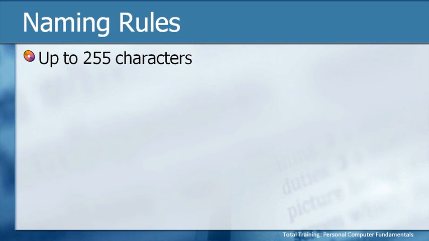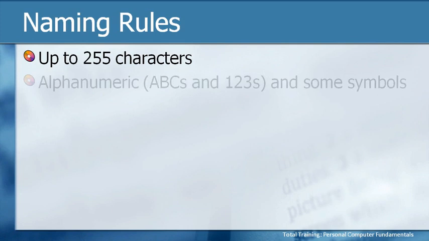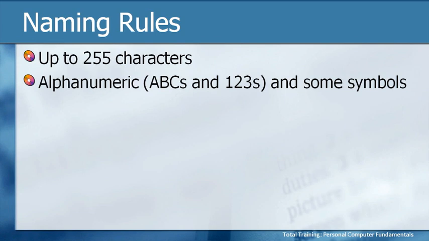But we also don't have to be short and cryptic like we did in the old days. When we had DOS, we had a limitation to how many characters we could have, and that meant we have to be kind of cryptic and abbreviate things. With 255 characters, you can be descriptive, but you don't want to go overboard. You also can include any type of alphanumerics, in other words, ABCs and 1, 2, 3s, and you can include some symbols.